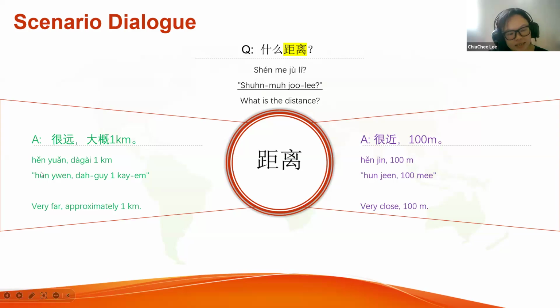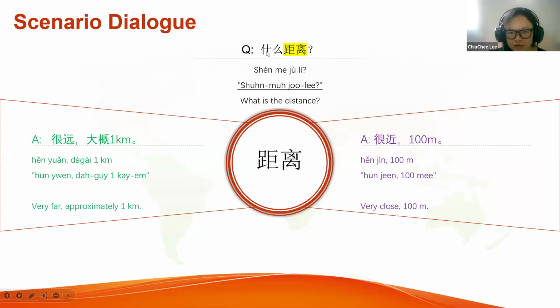So we can just say 很远,大概1 km. All right, 大概1 km. Or maybe very close, 100 meter. Can say 很近, very close, 100米 or 100 m. Again, meter m is the universal measurement unit.